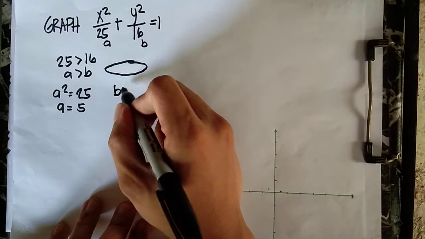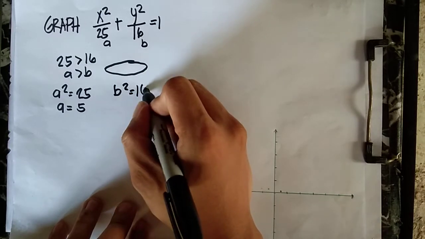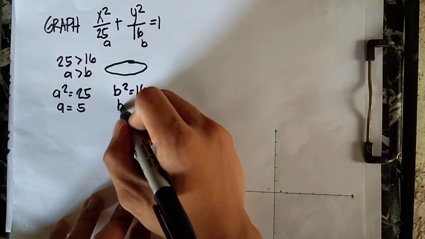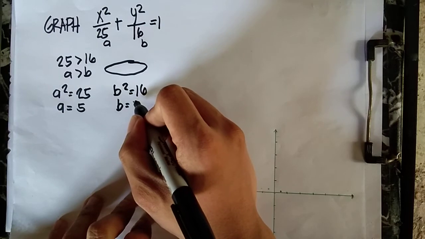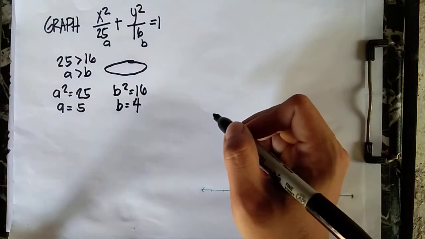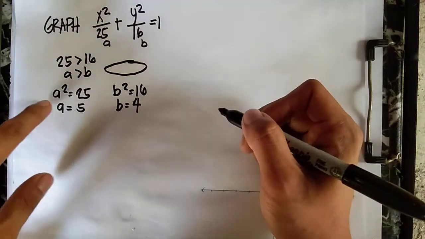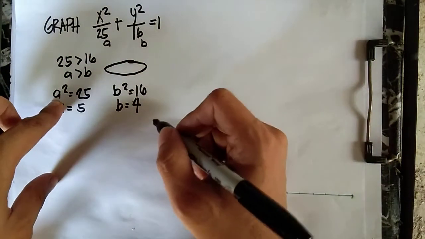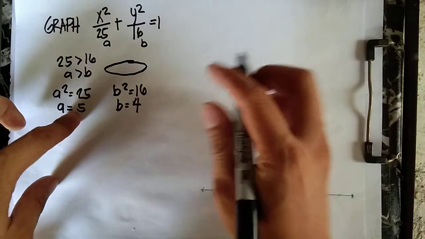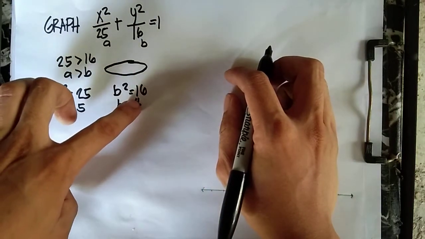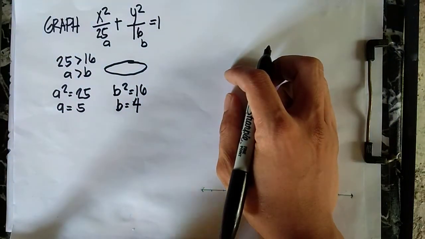And since b squared is equal to 16, ang b natin will be equal to 4. Kung nagtataka kayo kung paano yon, in-square root lang natin. The square root of 25 is equal to 5 and the square root of 16 is equal to 4.